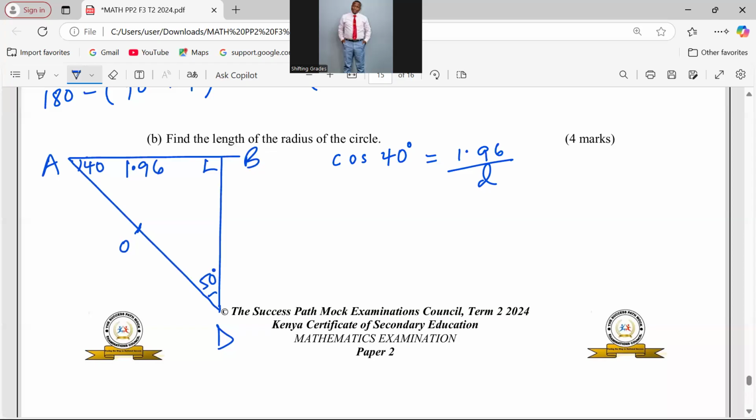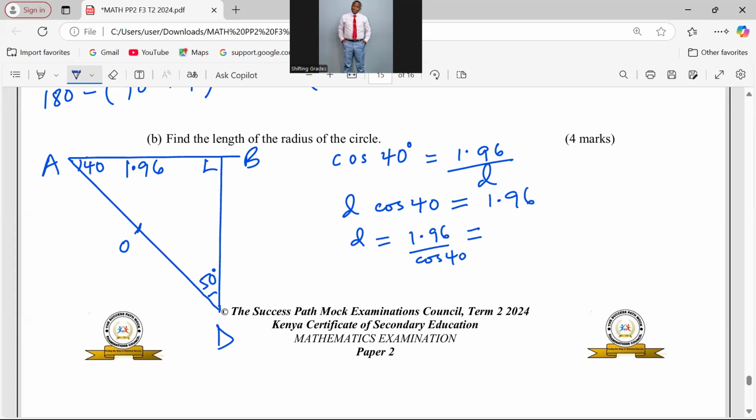So now, when we cross multiply, d by the cosine of 40 should give us 1.96. So d will be equal to 1.96 out of the cosine of 40. At this point now we can get the value.